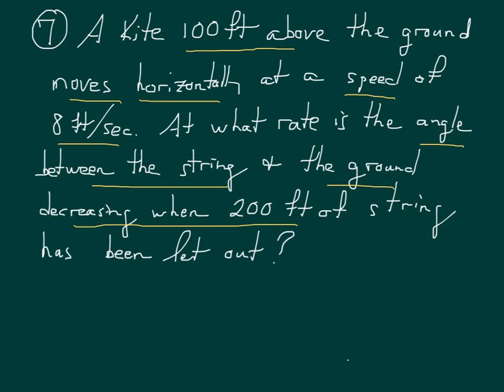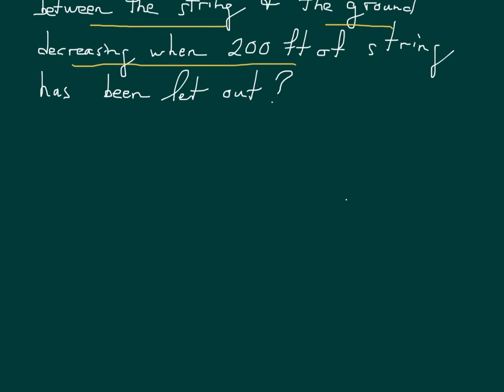So at what rate is the angle between the string and the ground changing? All right, well, as usual, we should try to draw a picture. And so let's do that. Okay, so we've got this kite, like this. And let's draw the ground, I guess, over here.